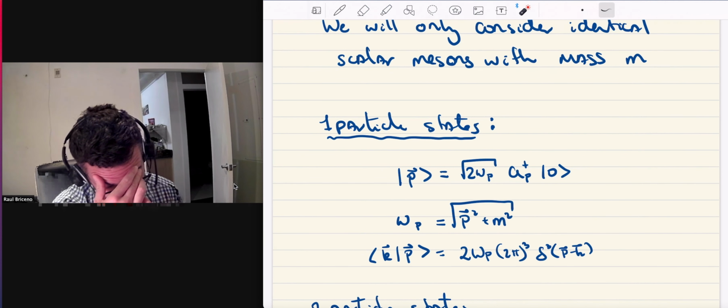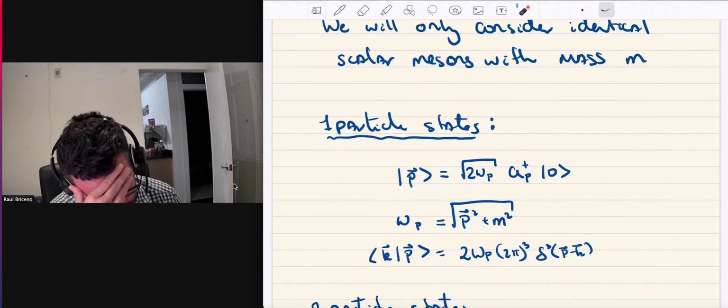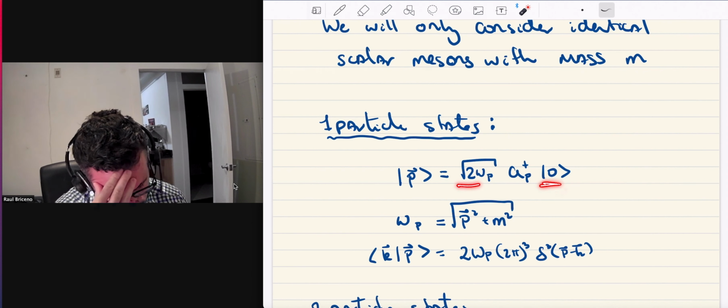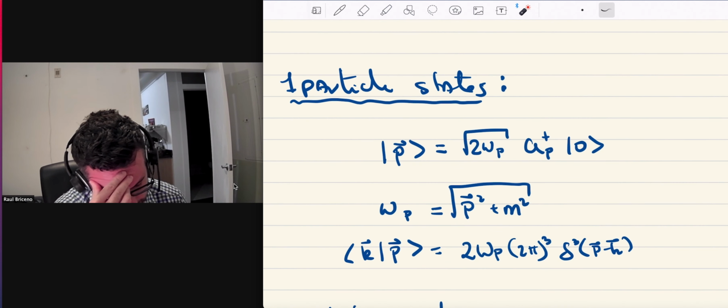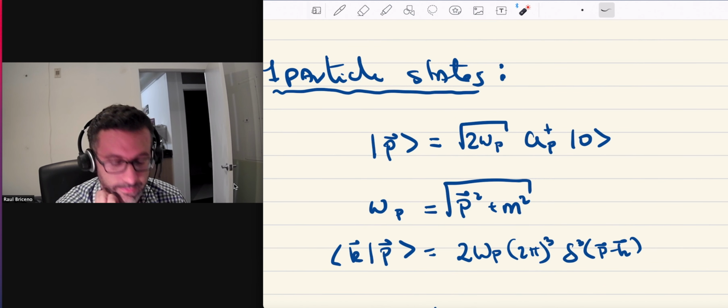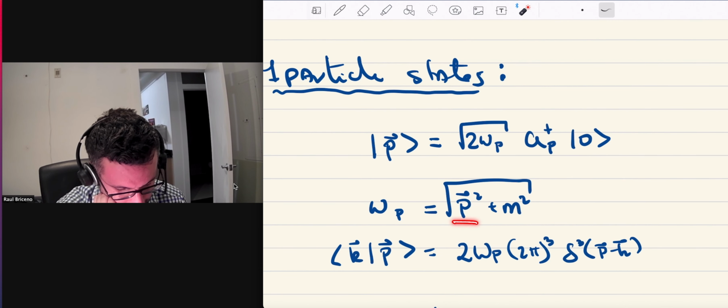Okay, so the one particle state I can define in terms of creation operators acting on the vacuum with some normalization of 2 omega, where omega p is the notation I'm going to be using for the one particle energy, which is just, according to relativity, the square root of p squared plus m squared.